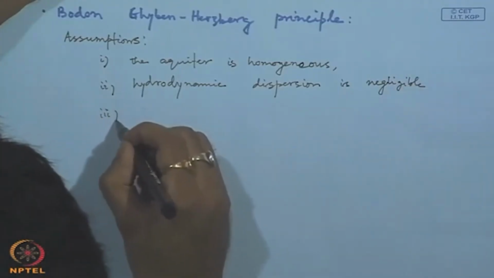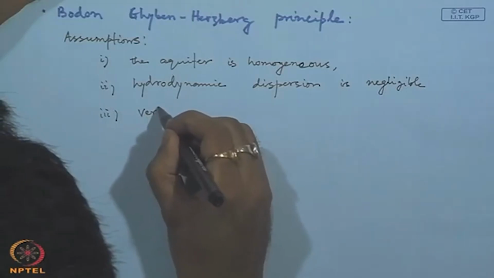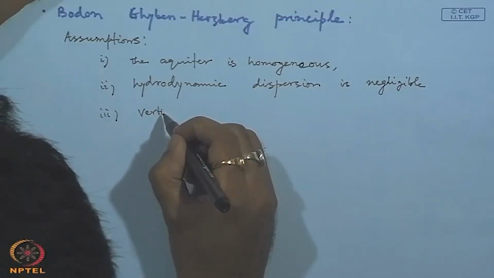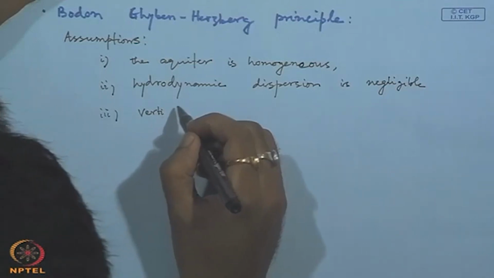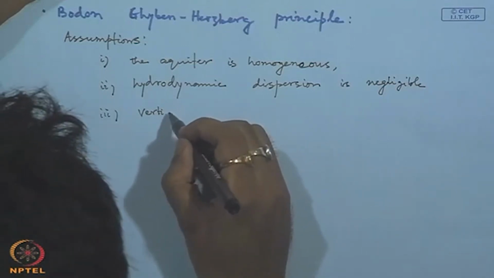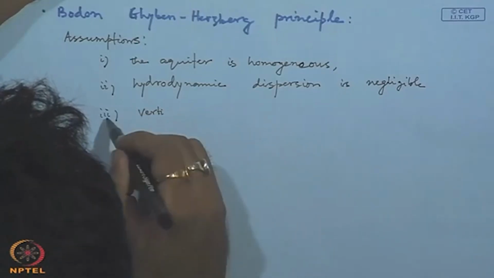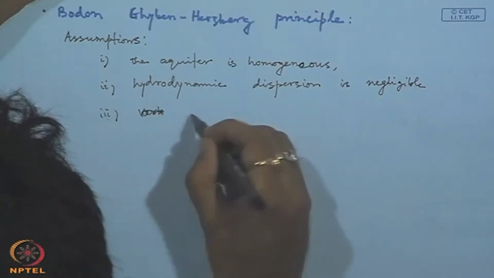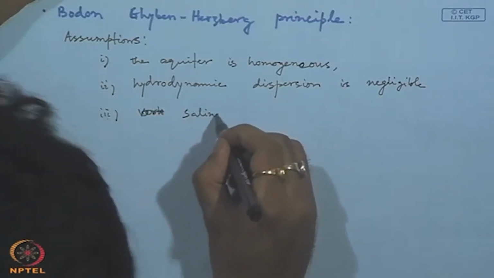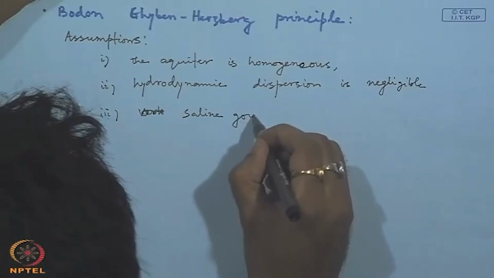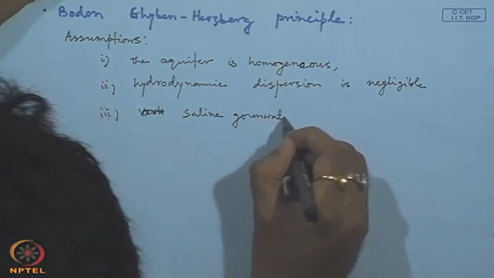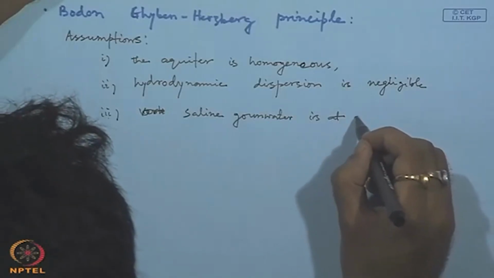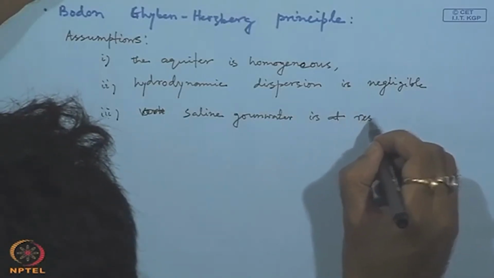The third one is that saline groundwater is at rest.